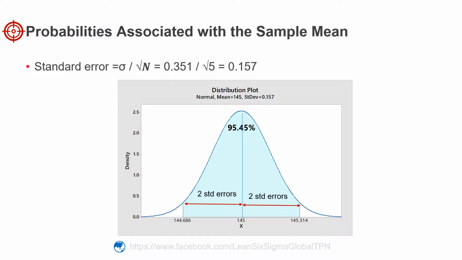So if the process mean is on target at 145 grams, we could expect to see the sample mean between 144.686 and 145.314 grams in 95% of all samples of 5 phones.